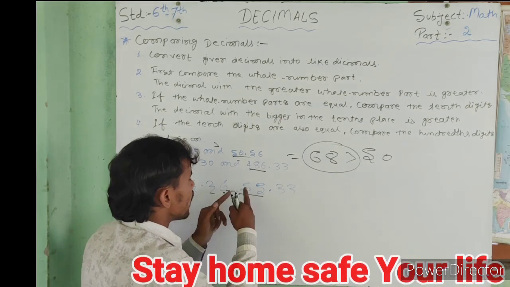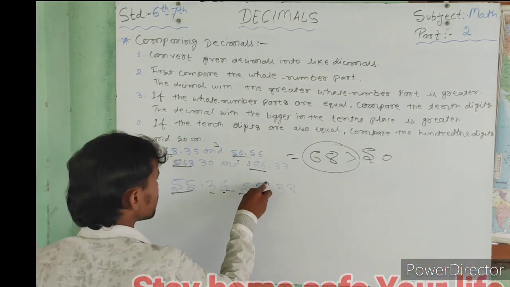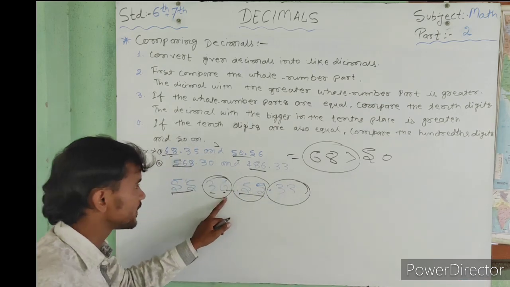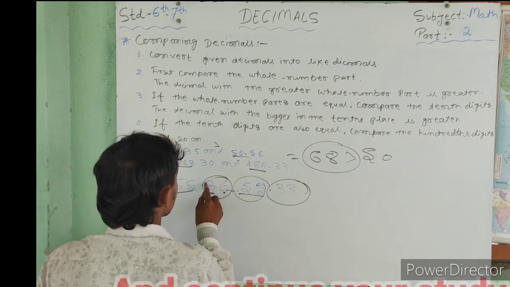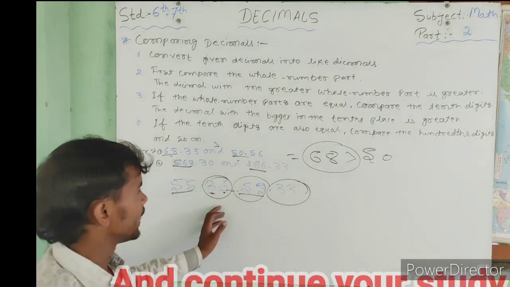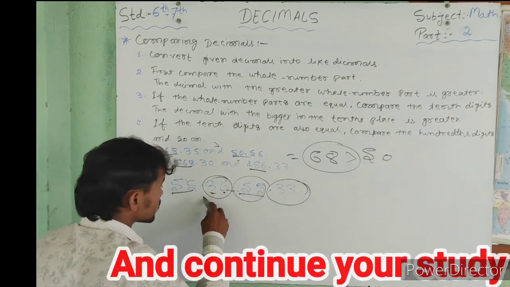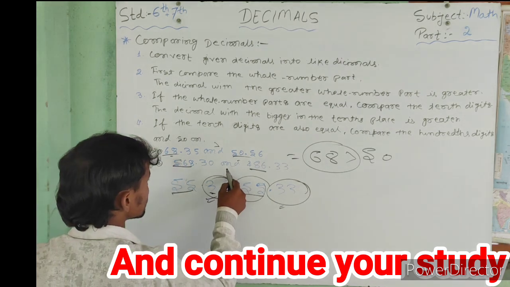Just like here, sorry, here 36 and 33. So 36 is greater and 33 is smaller, so you also put the sign for that.